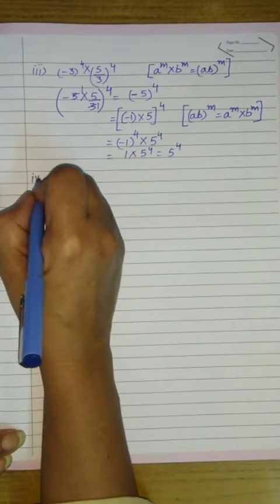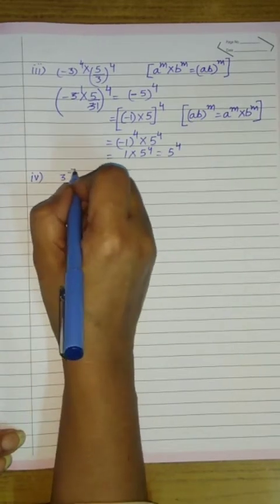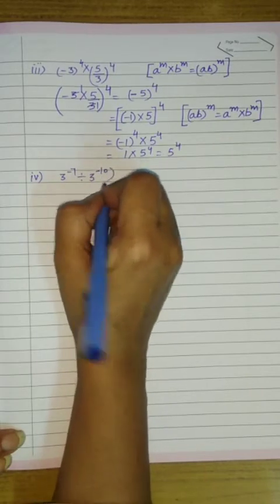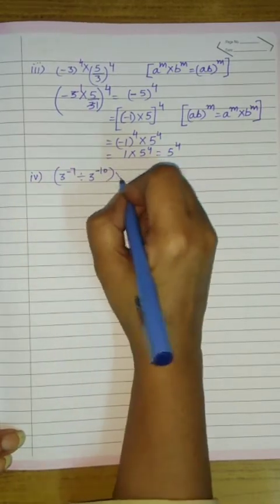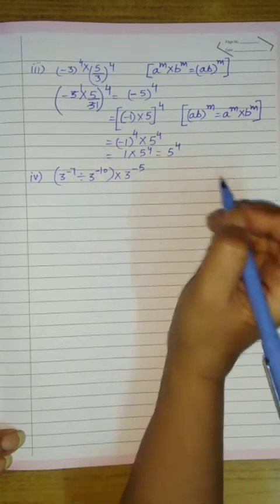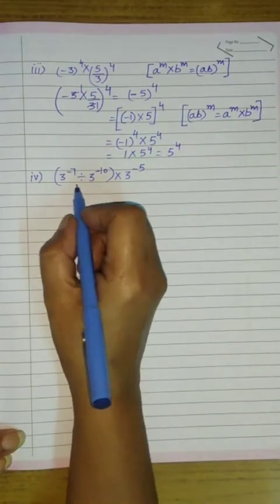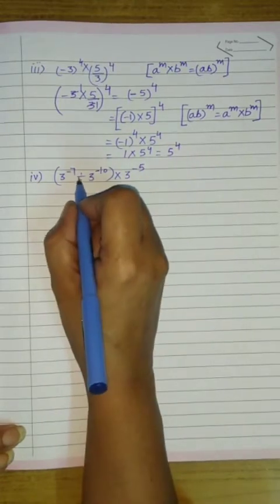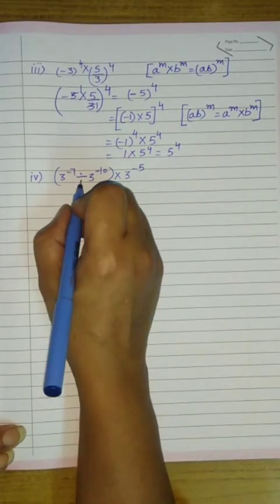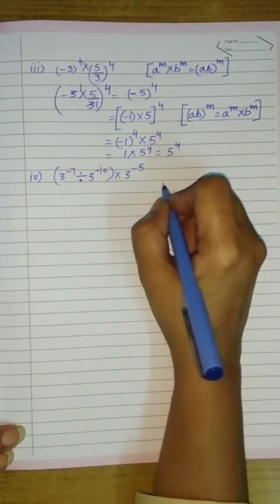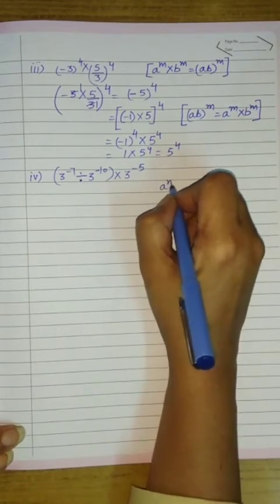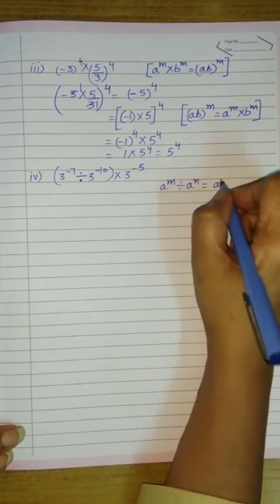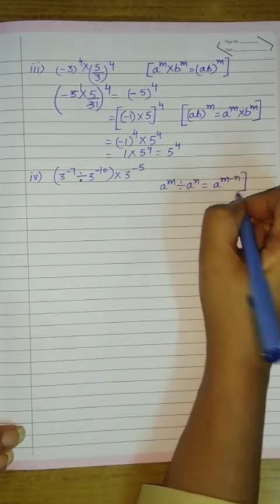Fourth part is (3^-7 divided by 3^-10) into 3^-5. Now the two terms within the bracket have a division sign in between them. So we are using here the law of exponent, that is a^m divided by a^n is equal to a^(m-n).